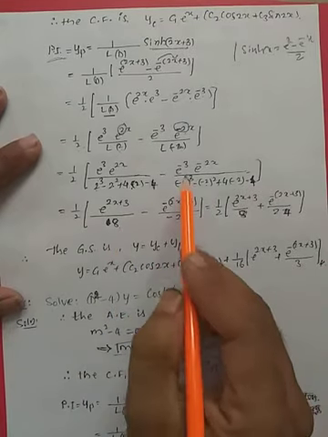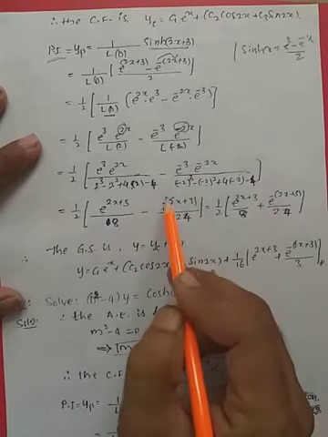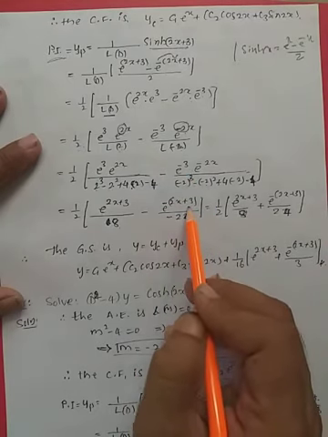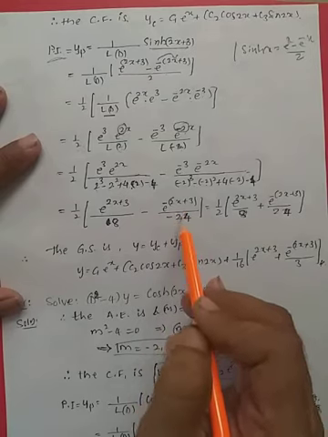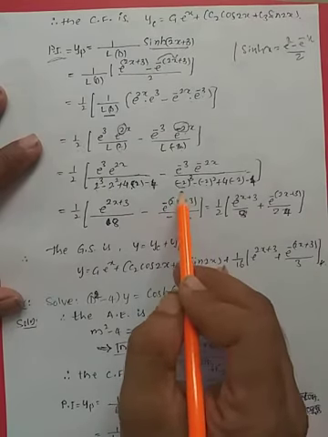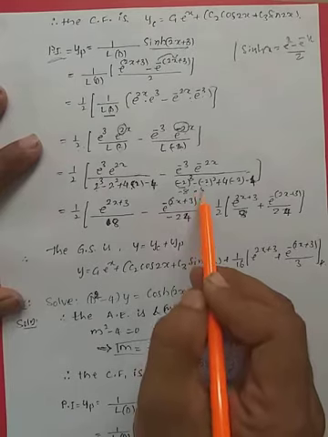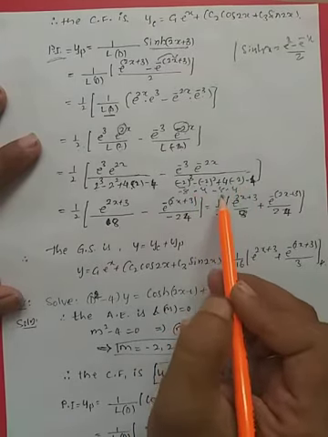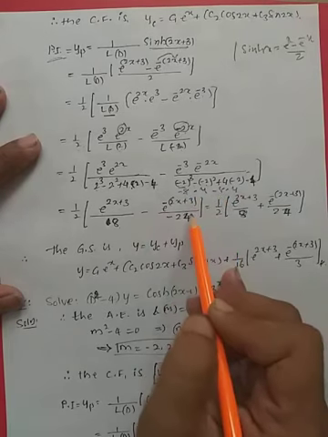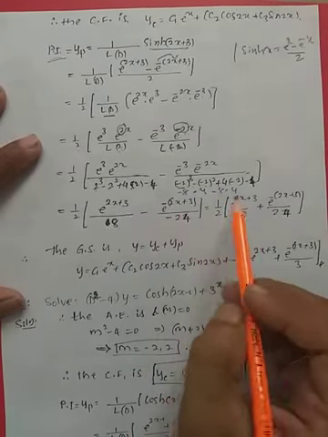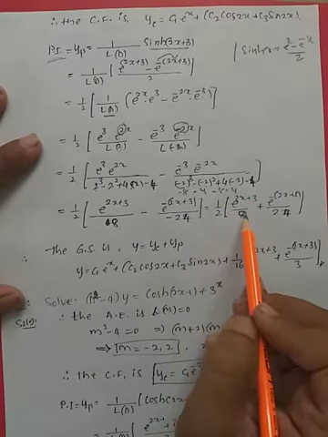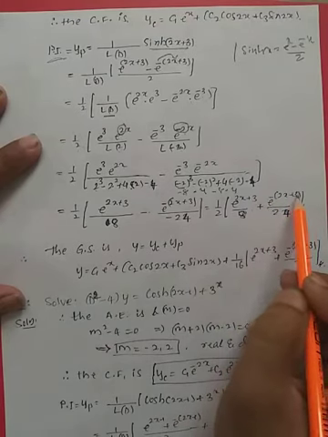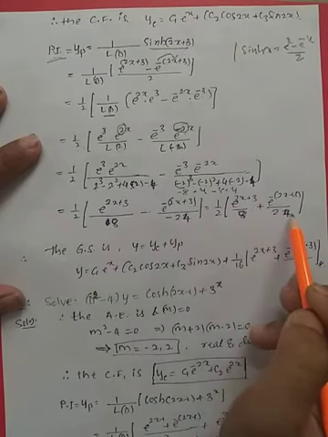Then in this case, both are with the negative sign; taking the minus sign outside and using the theory of indices, you get e to the power minus of (2x plus 3). After simplification this becomes minus 8, minus 4, minus 8, minus 4, so 8 plus 8 is 16, 16 plus 8 is 24, minus 24. So once again, 1 by 2 times e to the power (2x plus 3) divided by 8, and here minus divided by minus is plus, so it becomes e to the power minus (2x plus 3) divided by 24.